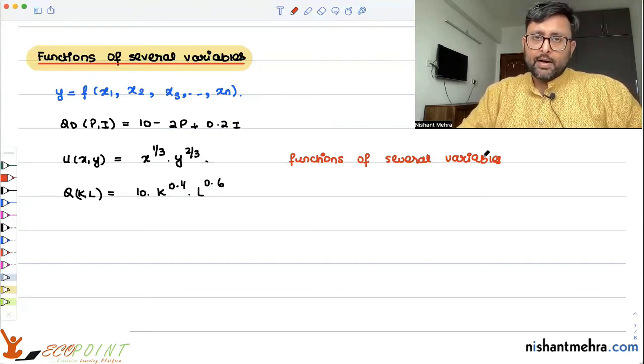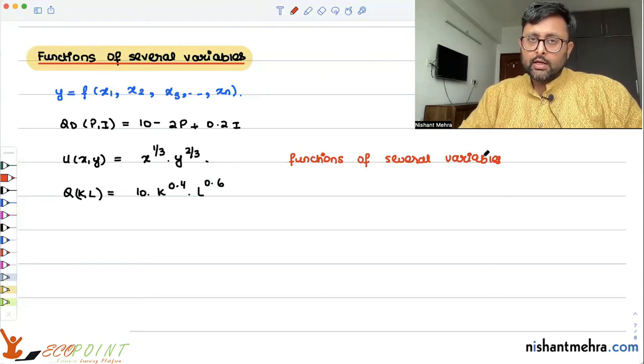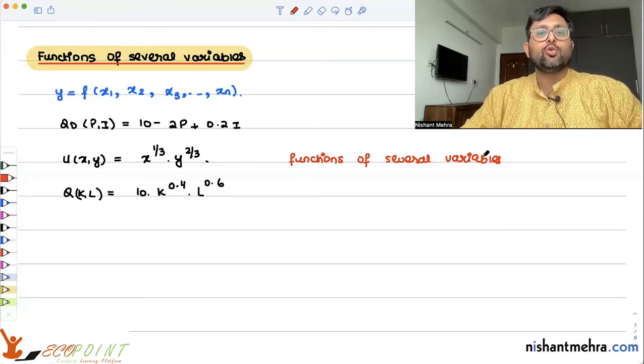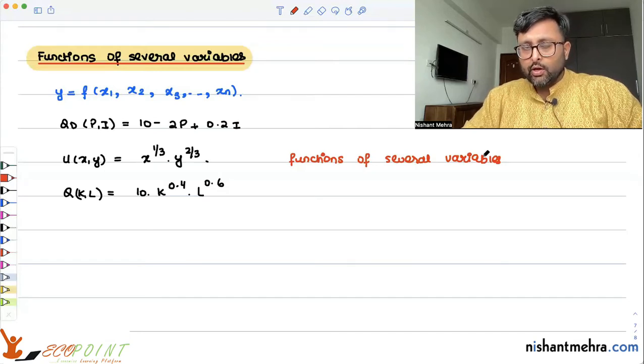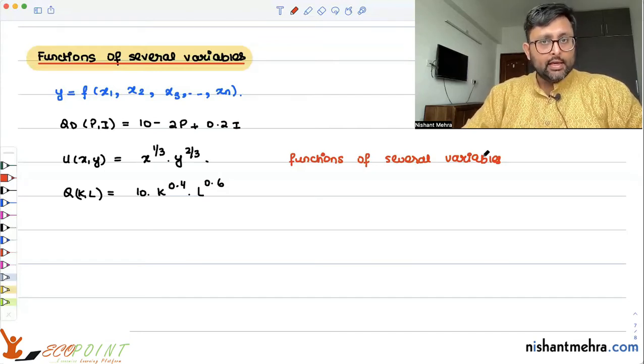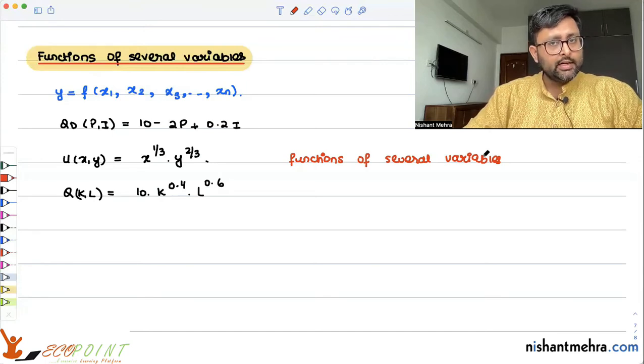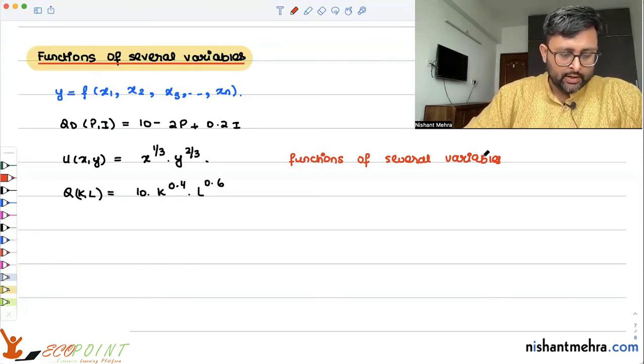In partial differentiation, we try to measure the change in x1 which is going to affect y, keeping x2 constant, or how the change in x2 is going to affect y, keeping x1 constant. That is what we are interested in, right?